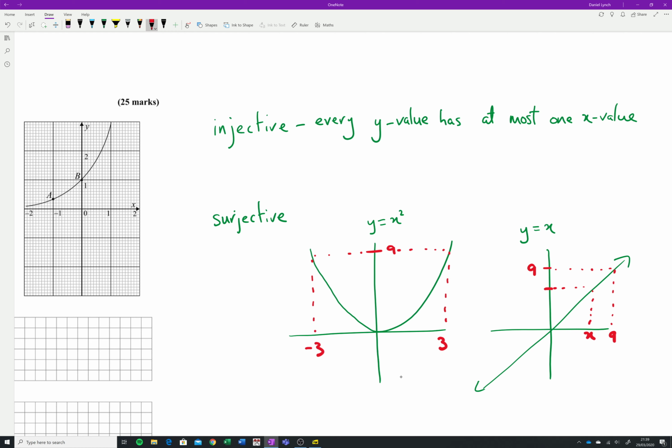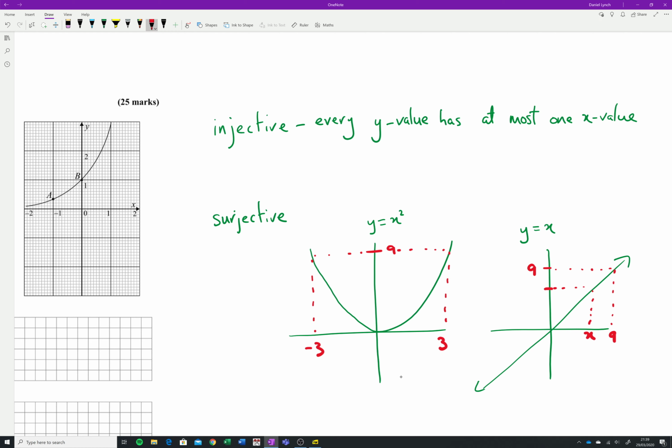Okay, so injective says that if a function is injective, it means that every y value has at most one x value. That is to say, it either has one value or no value whatsoever. It is fine to have no x value associated with it.